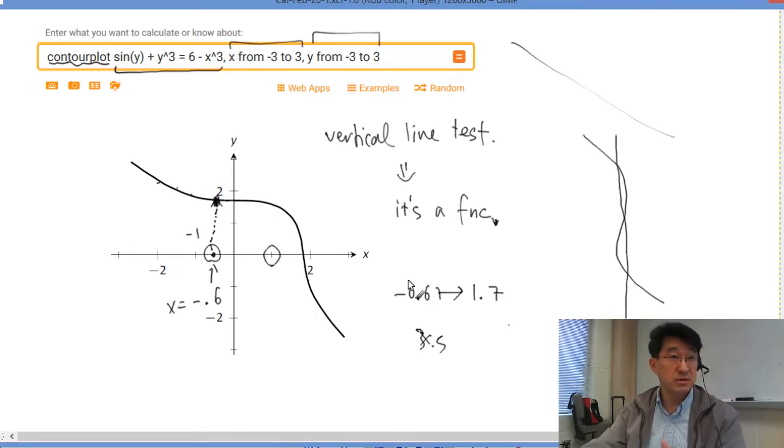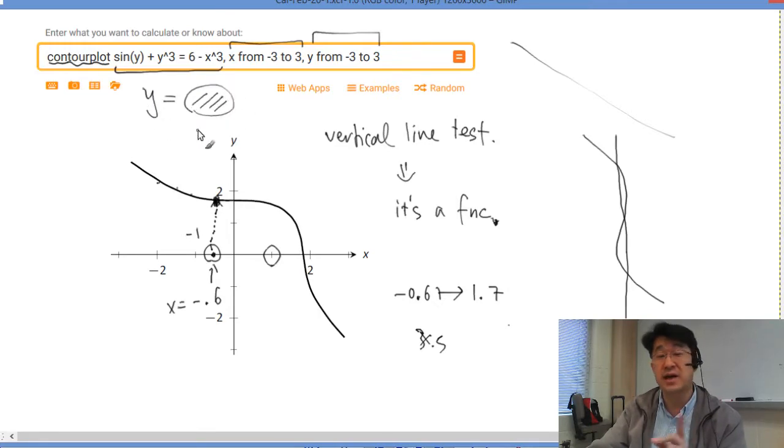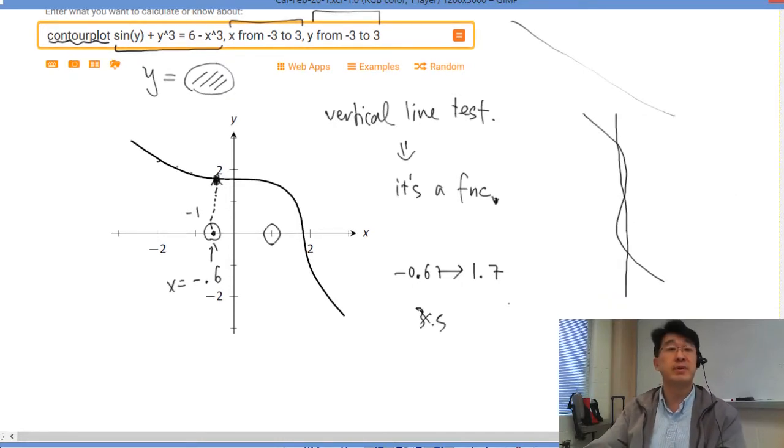The answer is no, not always. Like this one in here, there's no way you can isolate y and have everything on the right hand side in x, right? That's what we're doing. Isolate it. It's not possible algebraically. Okay? It's not that human beings fail to do that.